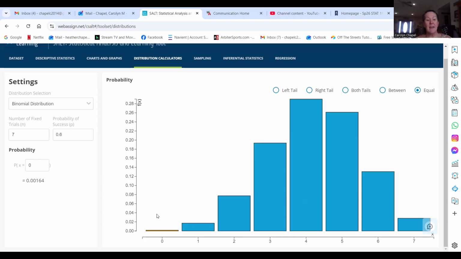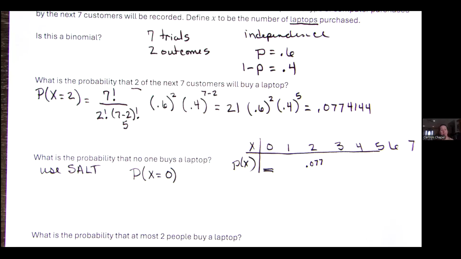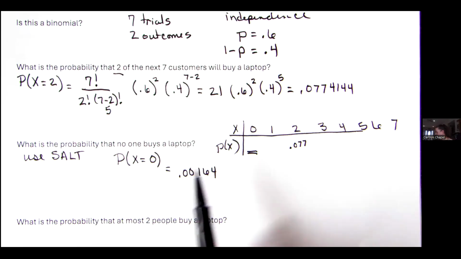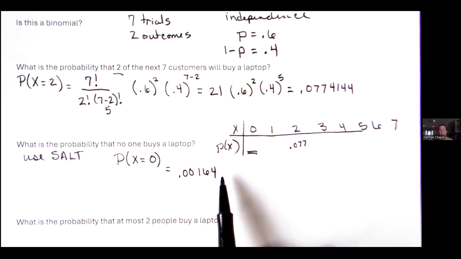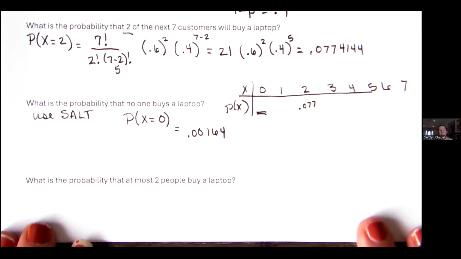Okay, so I've gotten the answer 0.00164. So instead of using the formula, I quickly went in, typed in what I had, and got my probability. So I'm going back to our notes here, and eventually it will update. There we go. There was that 0.00164.